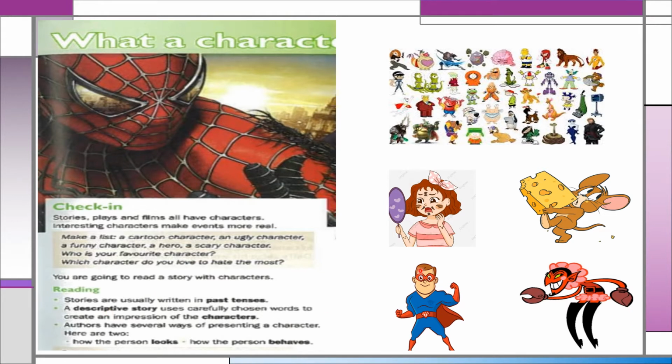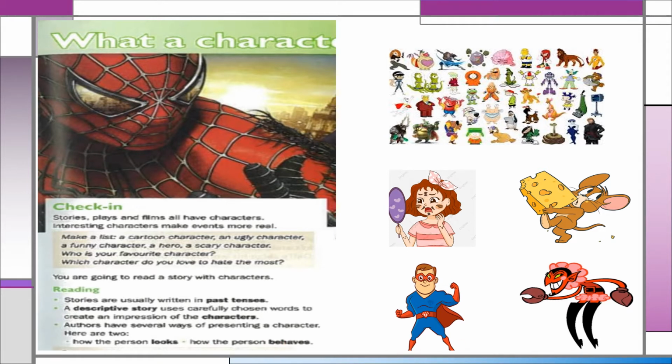In our lesson we are going to know lots of adjectives and descriptions for things. The last thing: authors, اللي هم الكتاب, for stories or plays or films have several ways, العديد من الطرق, of presenting a character. We have two ways here: how the person looks and how the person behaves, كيف بيتصرف.